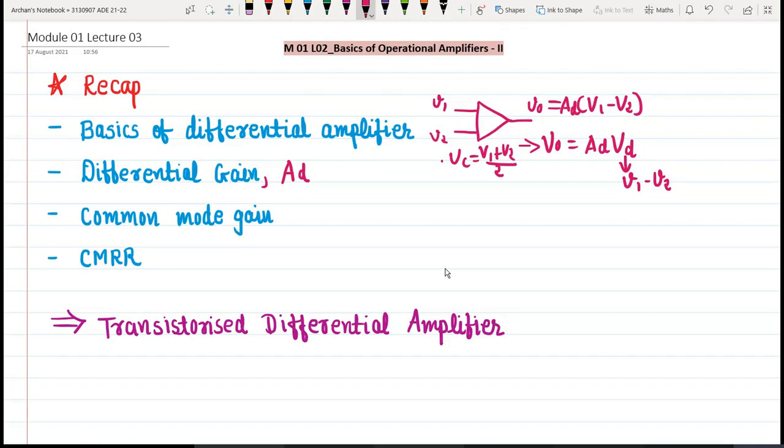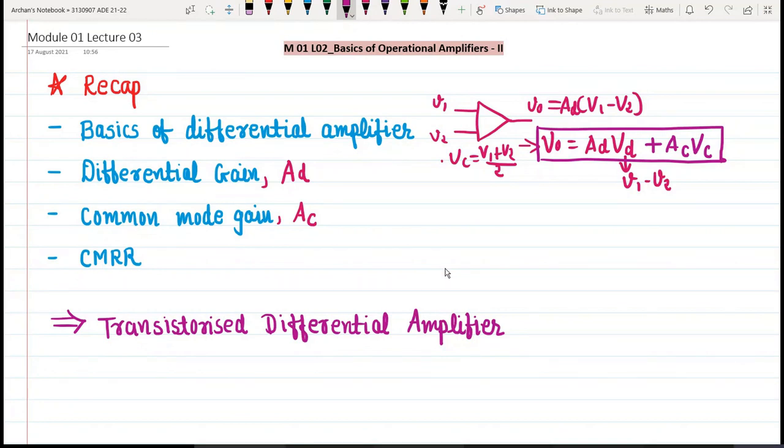Because of this common mode voltage, we have one more gain, known as the common mode gain AC. So the output equation depends not only on AD VD but also on the common mode gain and common mode voltage. This is the output voltage equation of the differential amplifier.